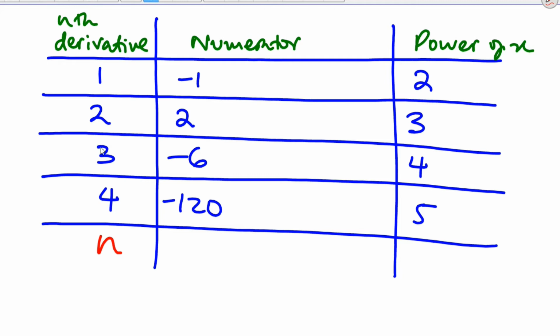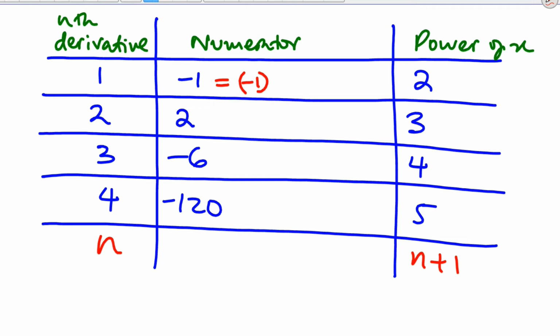Obviously, for the power of x, you can see the relationship between these. All through, the power of x is 1 higher than the nth derivative, which will be n plus 1. So for the nth derivative, the power of x will be n plus 1. How about the numerator? Here we have a few things that we have to organize. First of all, we have powers of -1.